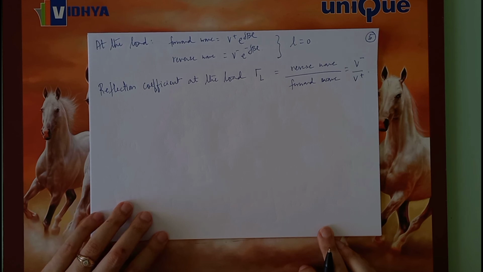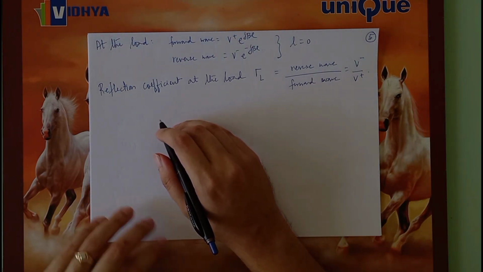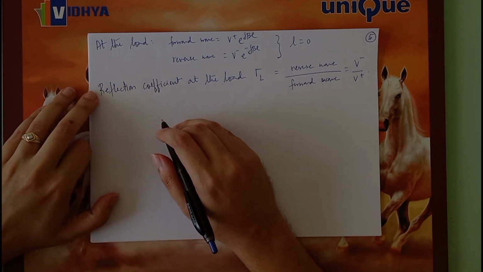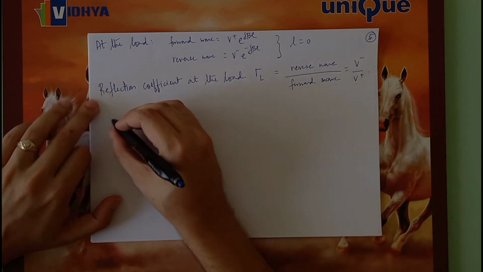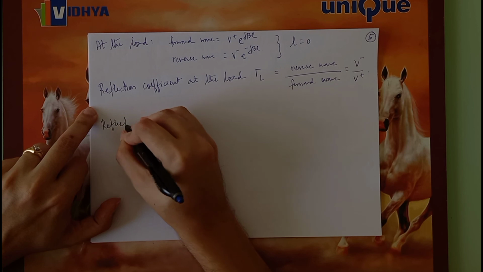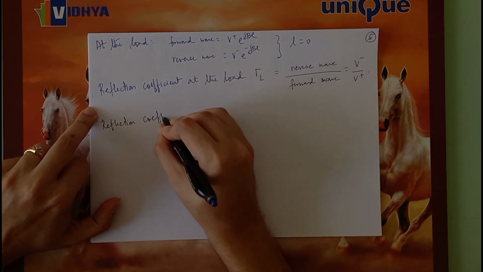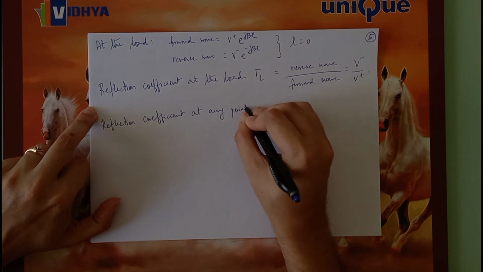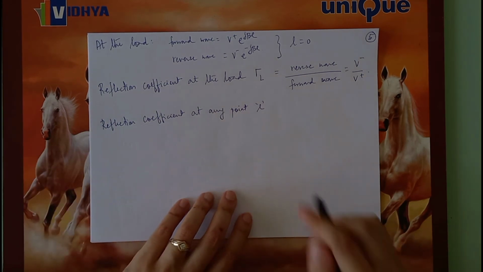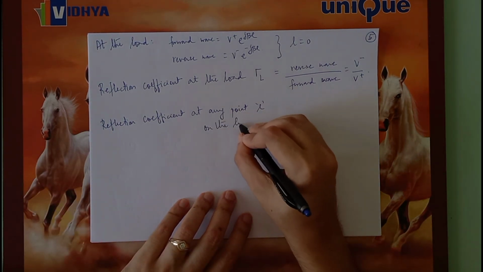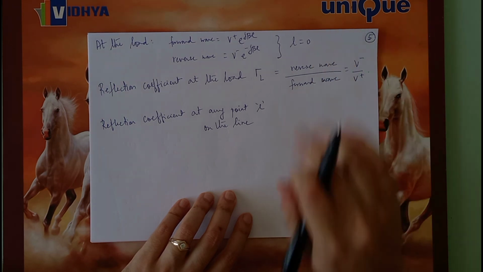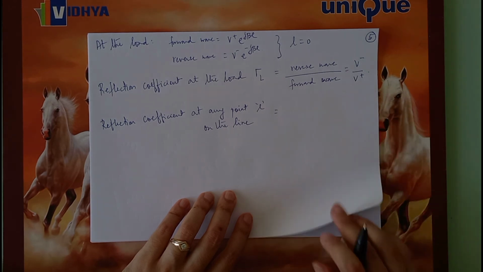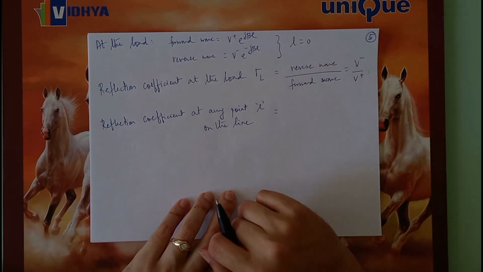In that case, we can also define something called the reflection coefficient at any point L on the line. The definition stays the same: the reflection coefficient is defined as the ratio of the reverse wave to the forward wave.